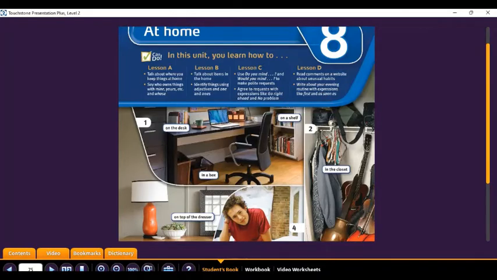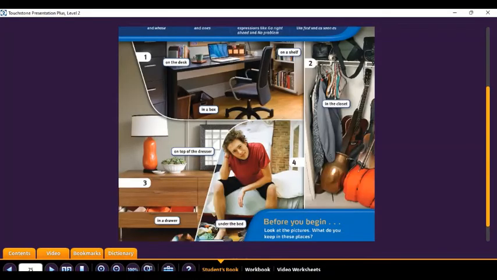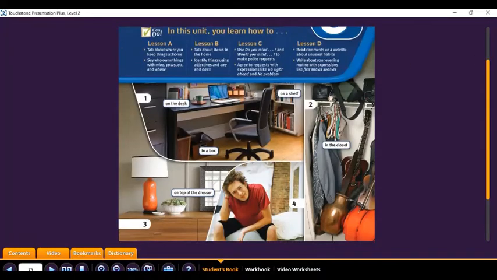Okay, first, the one. Yes, number one. What do you keep there? I think it's an office. And I can see a desk, a shelf, and a box. Okay, do you know these words before? Yes, I think.